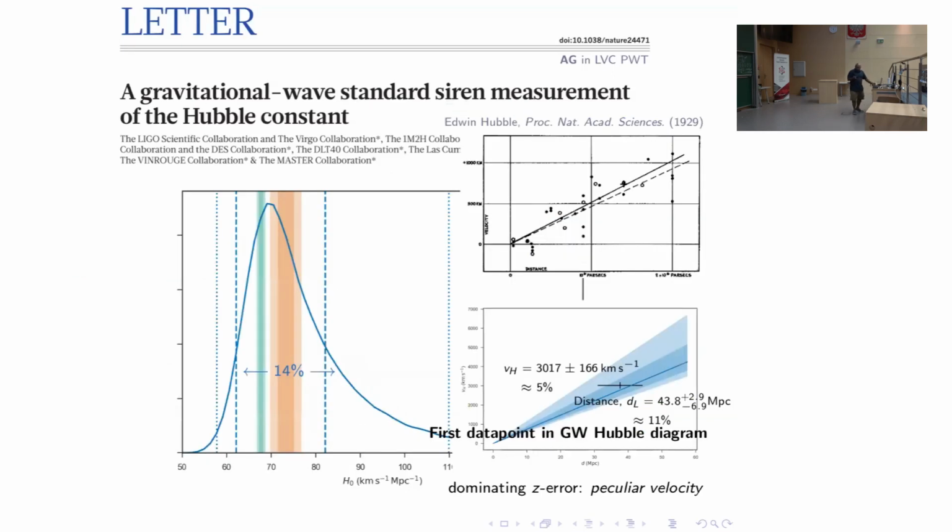But in some sense, this is the first point in the gravitational wave Hubble diagram. Just like you have the Hubble diagram here, this is the gravitational wave Hubble diagram with just one data point.